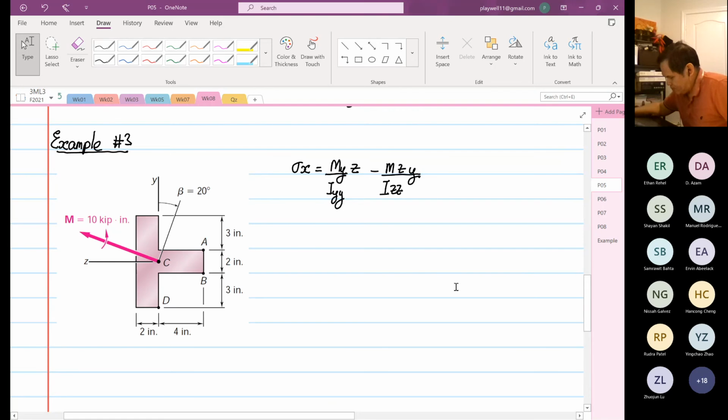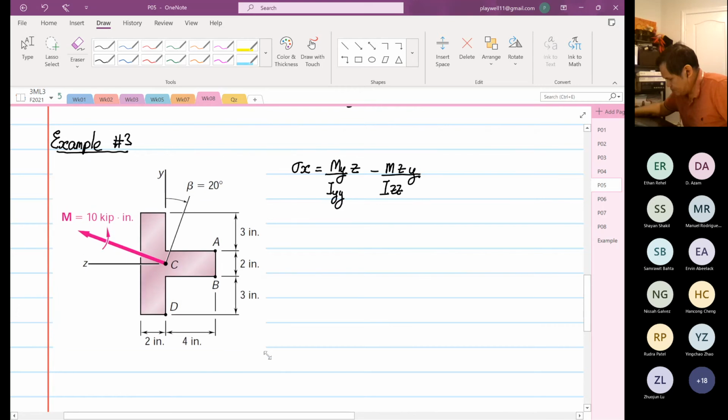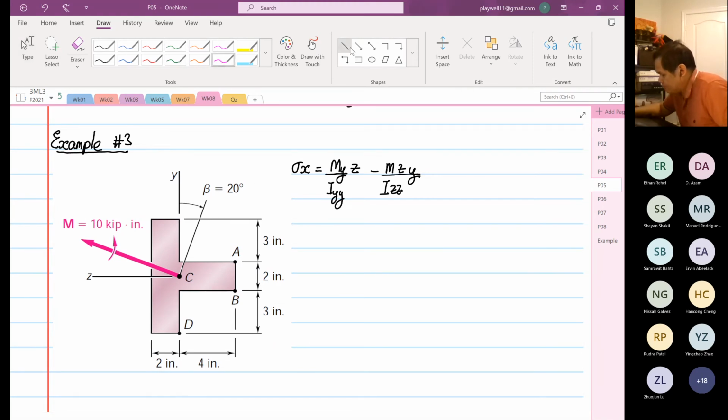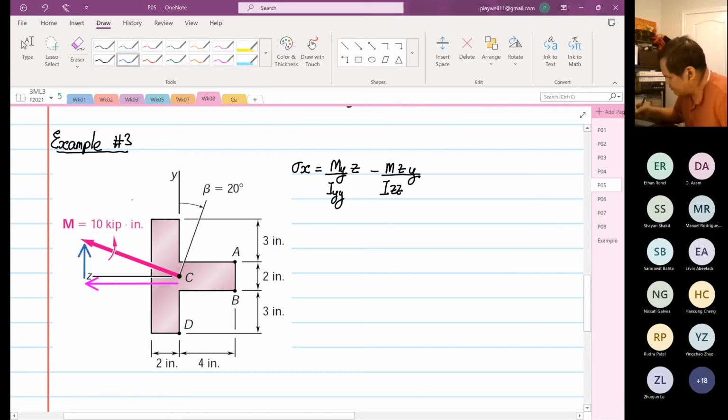The first thing we have to do is find our Mz, and then find our My. We'll be made aware that this angle over here is 20 degrees.